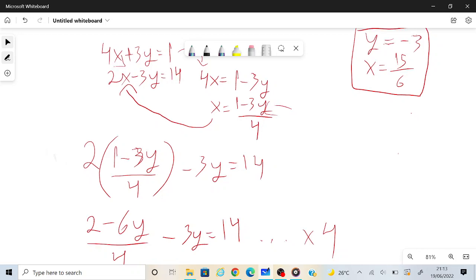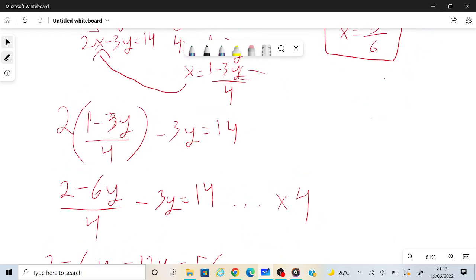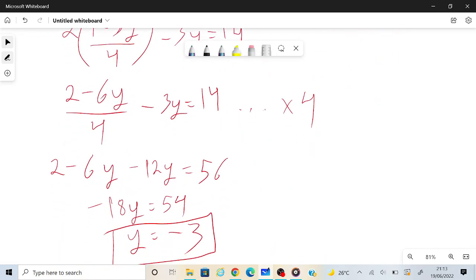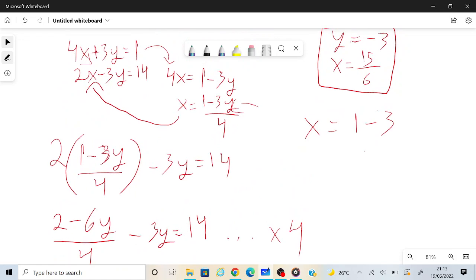So this essentially becomes x is equal to 1 minus 3, and what was our y value again? Okay, it was minus 3. So 1 minus 3 times minus 3, over 4.